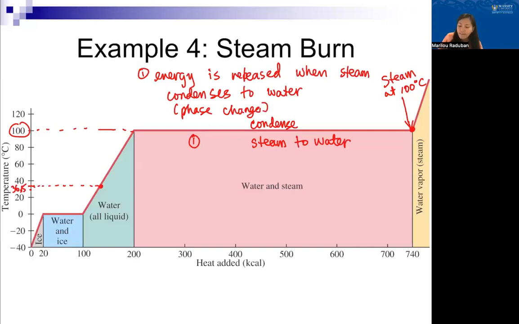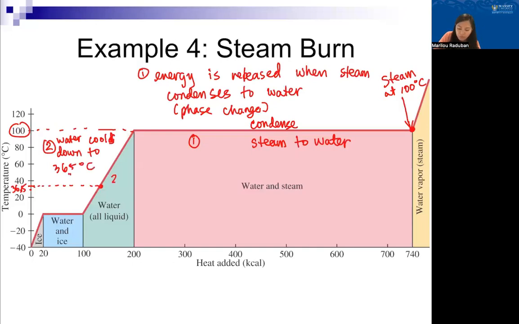Then second, after the phase change, the condensed steam, which is essentially water, cools down to 36.5 degrees Celsius.